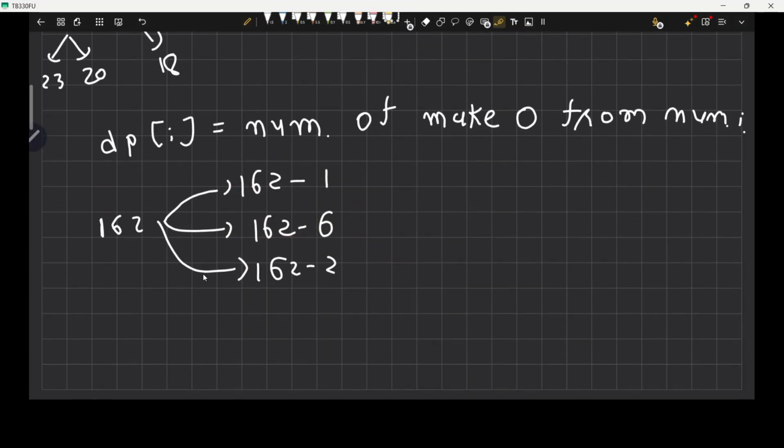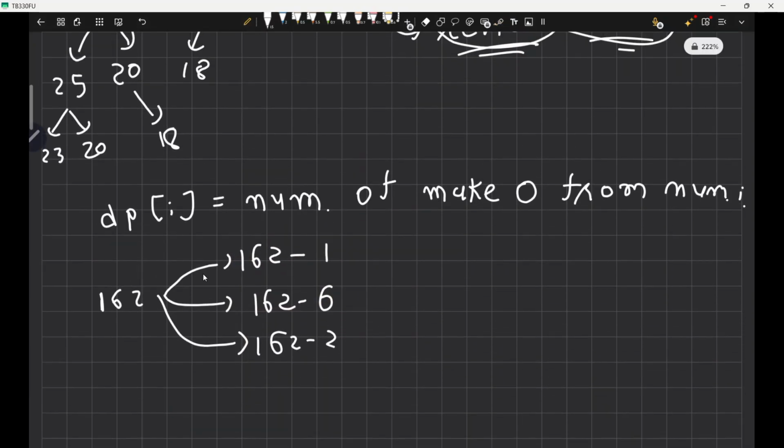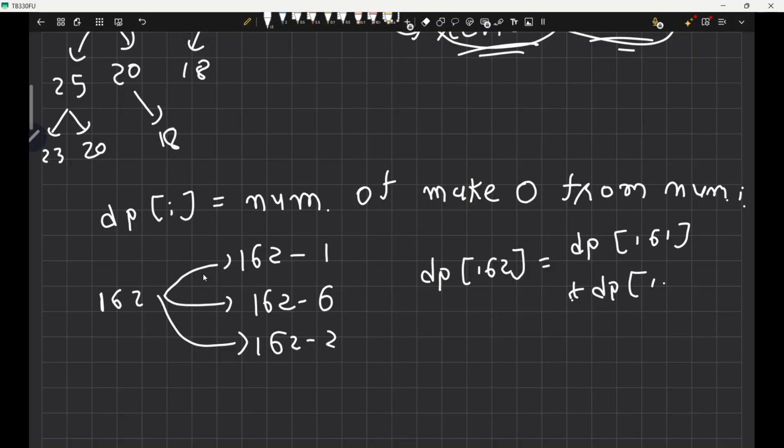So now you can see that from this, the DP of 162, I mean the number of ways to reduce 162 to 0, is going to be DP of 161 plus DP of 156 plus DP of 160. Yeah, that's it.